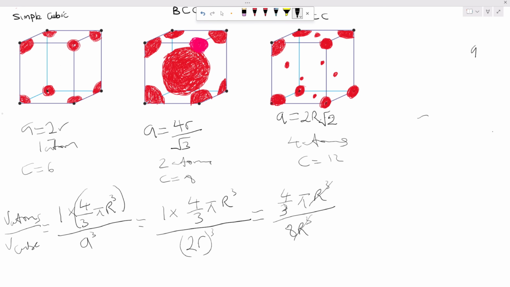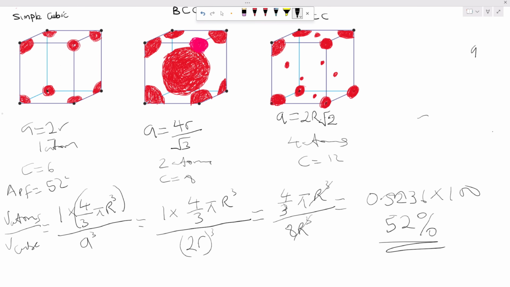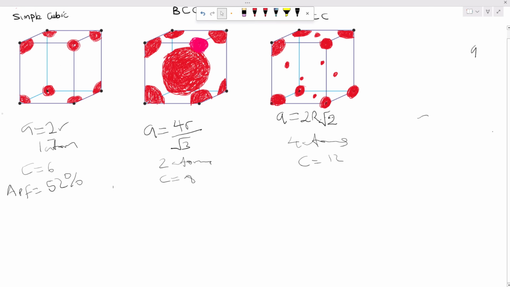So r cancels r. If you input this into your calculator, you should have 0.5236, then times 100, so I have 52% for this guy. APF is equal to 52%. So I'm going to be erasing all of this. Now let's go to the BCC. So for BCC, remember, it's the same thing.